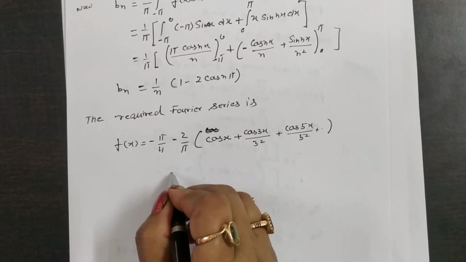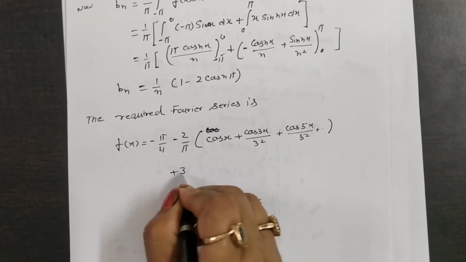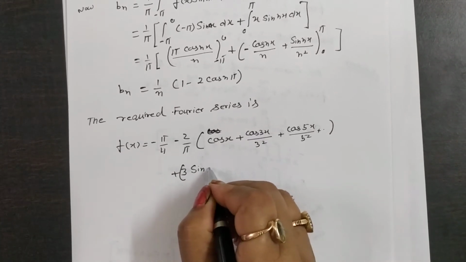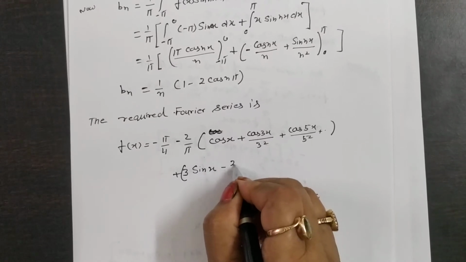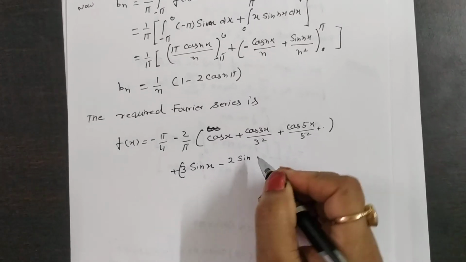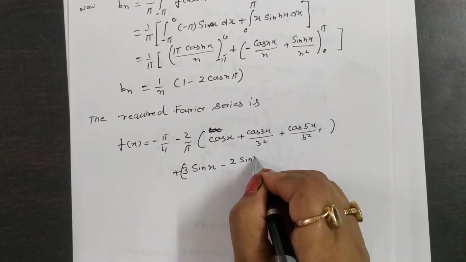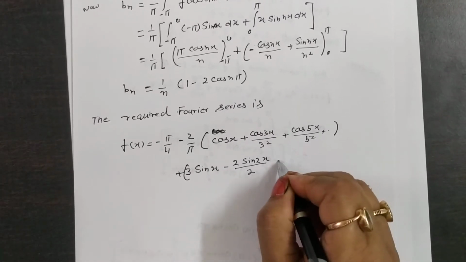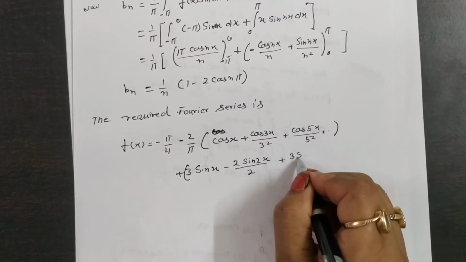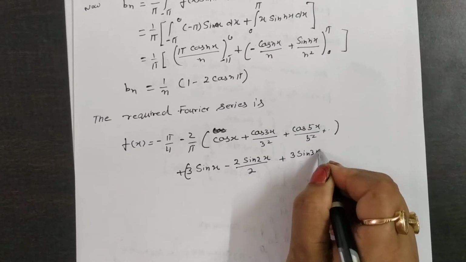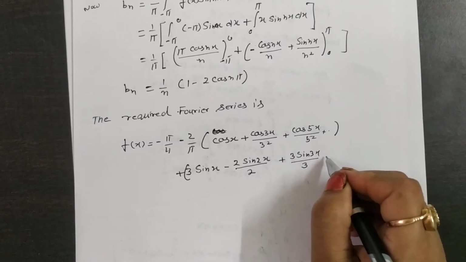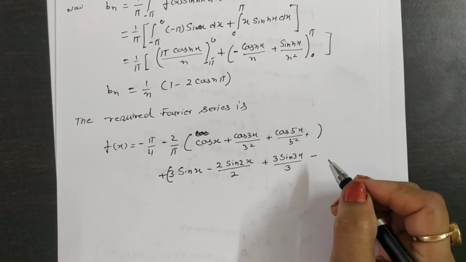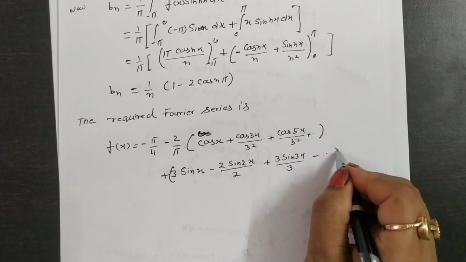Similarly for bn, which is plus 3 sin x minus 2 sin 2x divided by 2, plus 3 sin 3x divided by 3, minus sin 4x, and so on. Okay, is this clear?